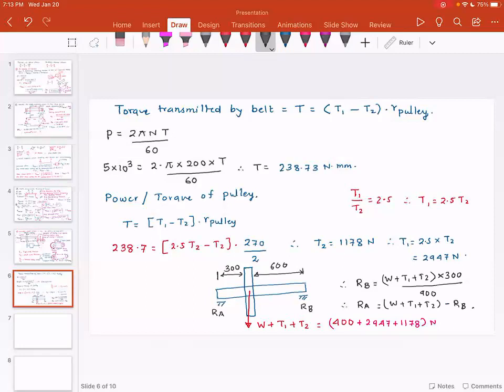And clearly, if you draw the shear force diagram, I'm just going to draw it over here. The shear force diagram looks something like this.